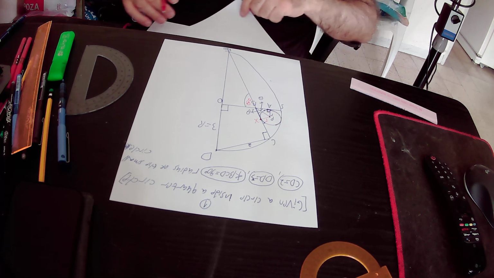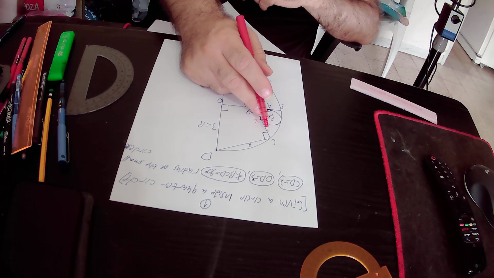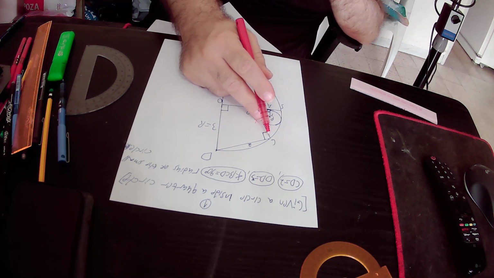Actually, the vertex of angle ECD is on the quarter circle at point C.